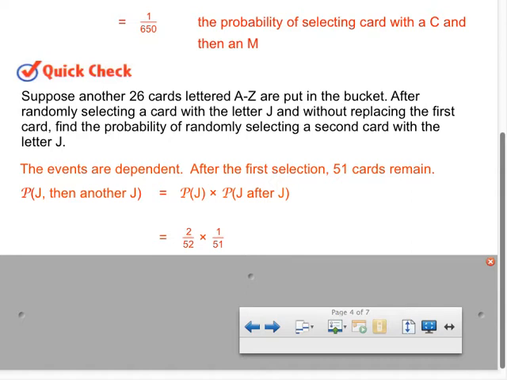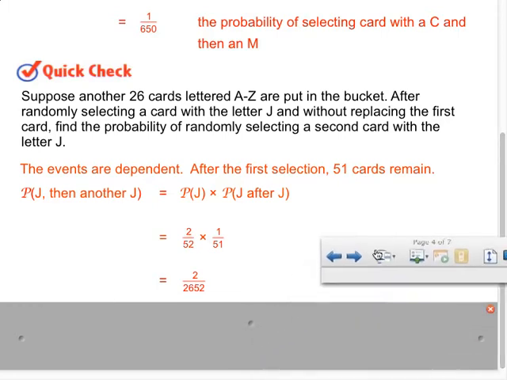So the probability of picking a J in my first try is 2 out of 52. Okay? And then if we don't replace that first card, now there's only 51 cards left. The probability of picking a J, there's only 1 J left if the first one we picked out, 1 out of 51.